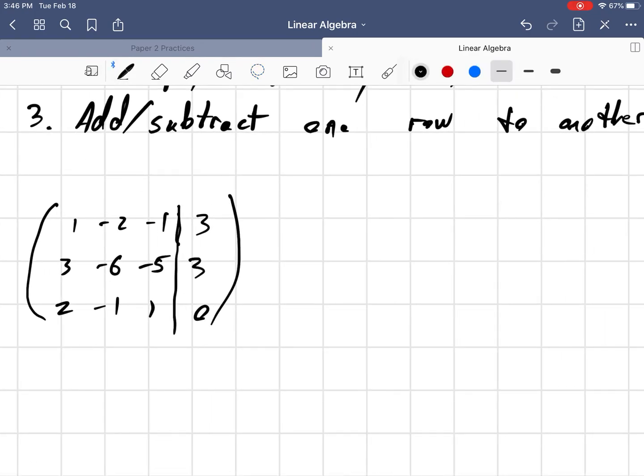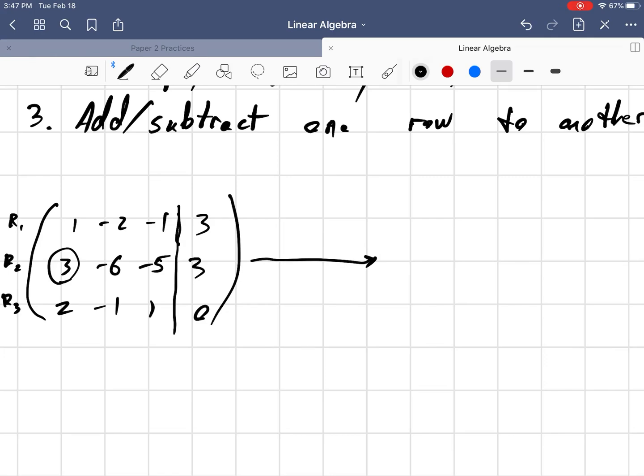So let's say we want to make this 3 here a 0. What we can do, and I'll write an arrow, is we can take, by the way, we call these row sub 1, row sub 2, and row sub 3. So the first row, the second row, and the third row.